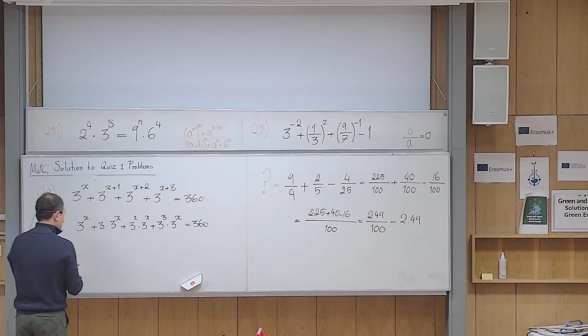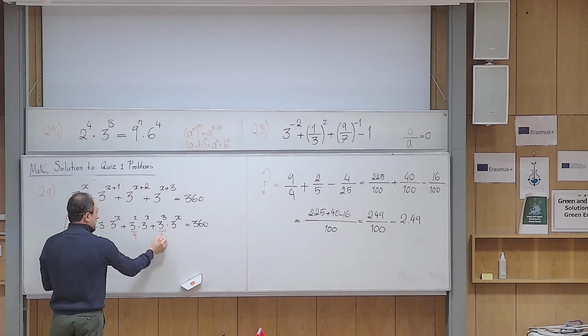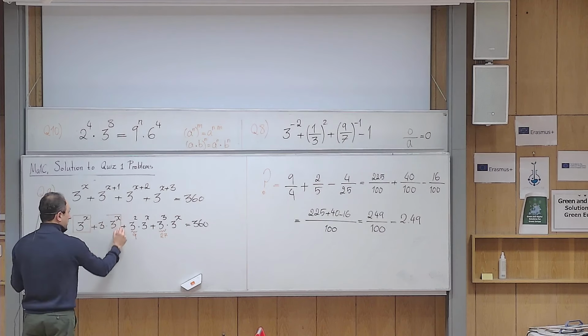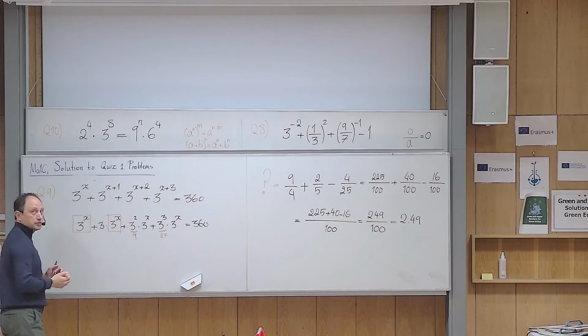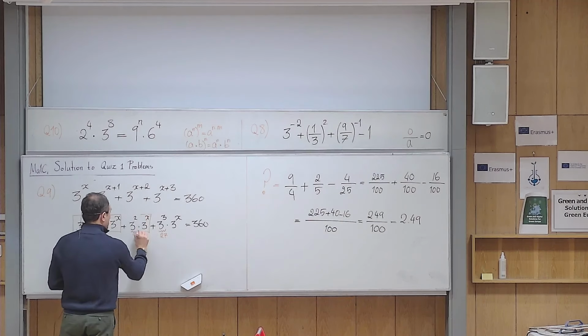But this is now 3. This number is 9. This number, 3 to the 3, is 27. So imagine this way. I have this as a box. Yes? This is again the same box. If I call 3 to the x the box, this is also the same box, and that is also the same box.